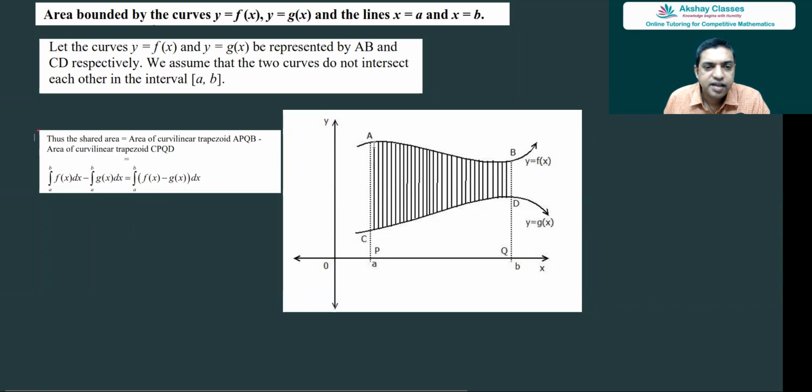First, the area bounded by the curve y equal to f of x between a and b. We call this portion the curvilinear trapezoid. A trapezium is like this; curvilinear trapezoid means that this portion is a curve.